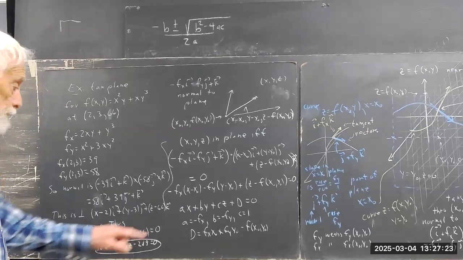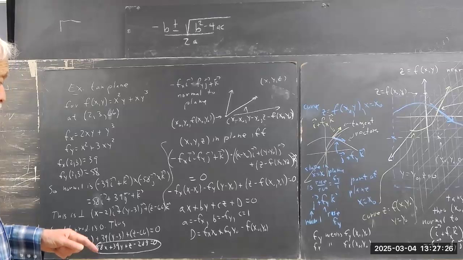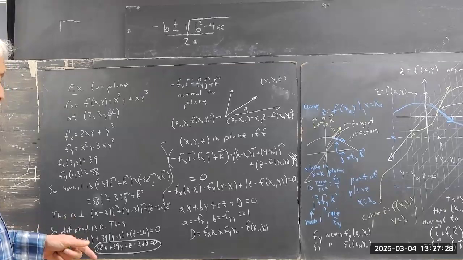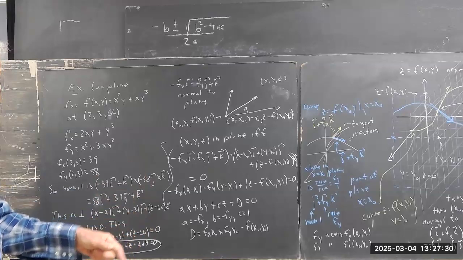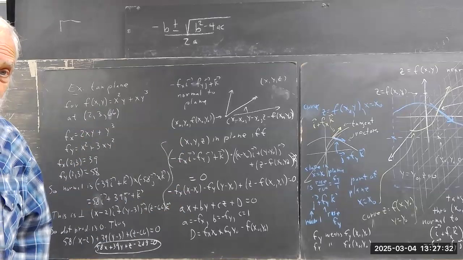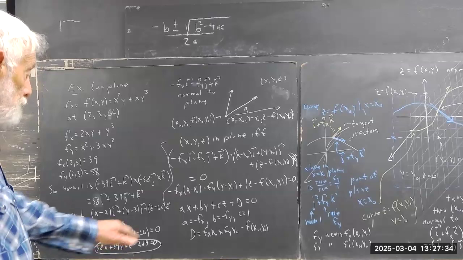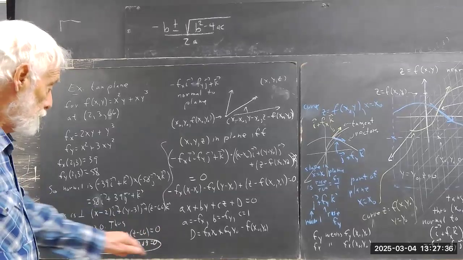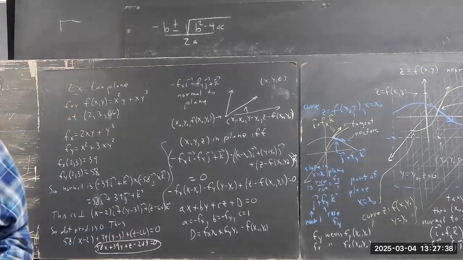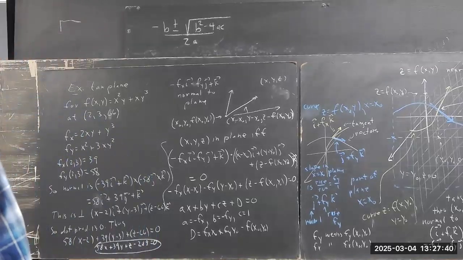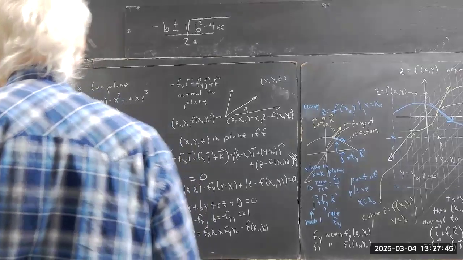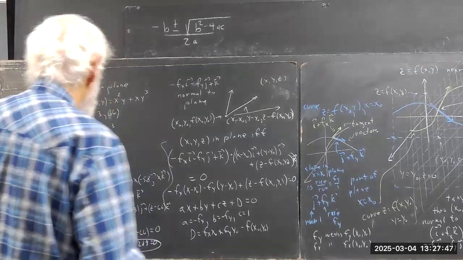Now, if I want to do it z equals, well, then it's going to be z equals negative 58x minus 39y plus 289. Okay. So I could do z equals very easily. I can put this plane in any form I want to manipulate it. Okay. Now let's test whether this makes good sense.